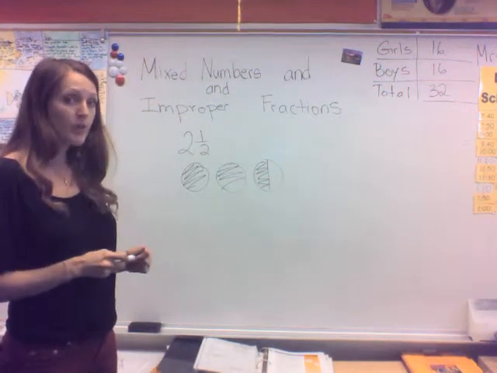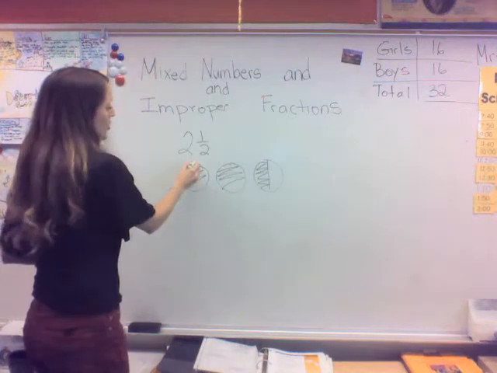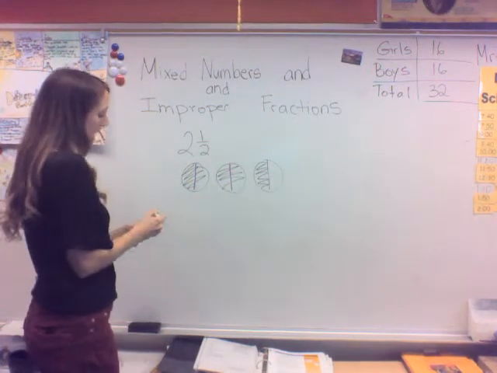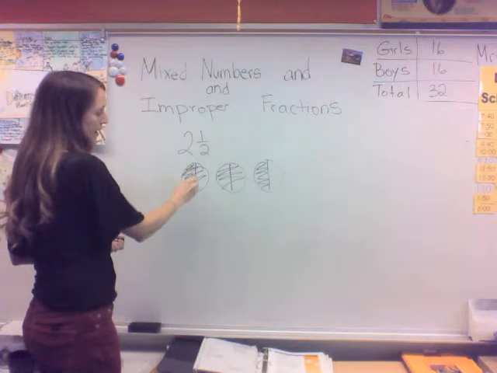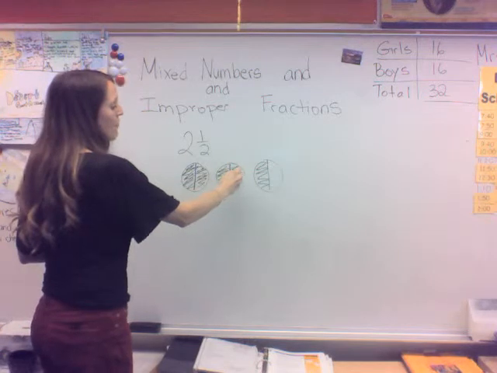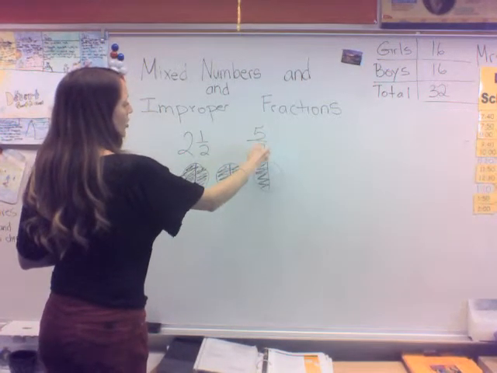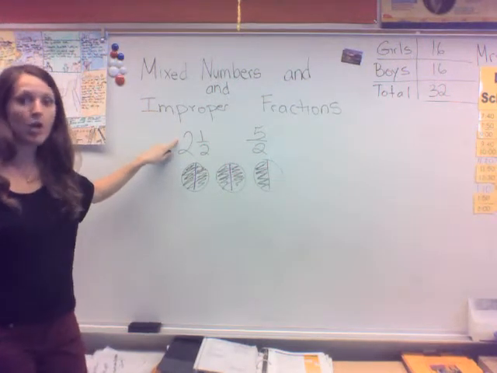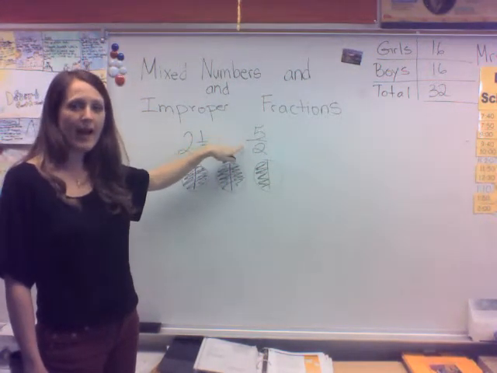So I can call that 2 and 1/2, but I could also show how many halves I have: 1 half, 2 halves, 3 halves, 4 halves, and 5 halves. So I can use a mixed number and call it 2 and 1/2, or an improper fraction and call it 5 halves.